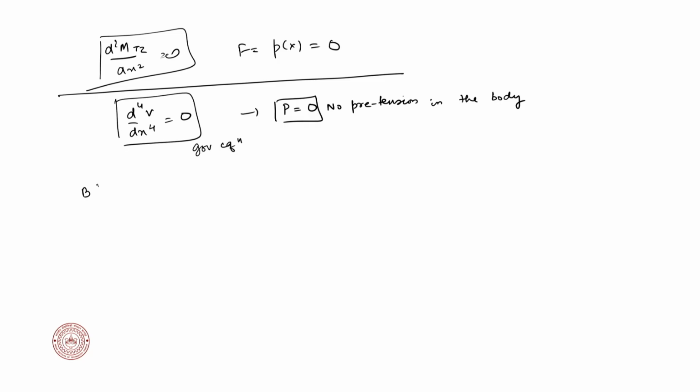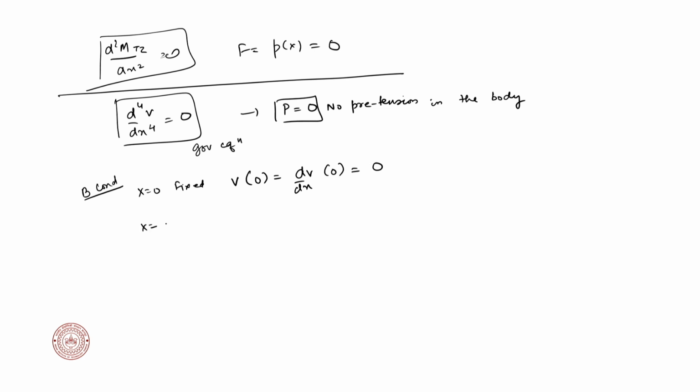We look for the boundary conditions. On the left end it is fixed, so for the fixed end at x equals 0, v of 0 and dv by dx of 0 are equal to 0.